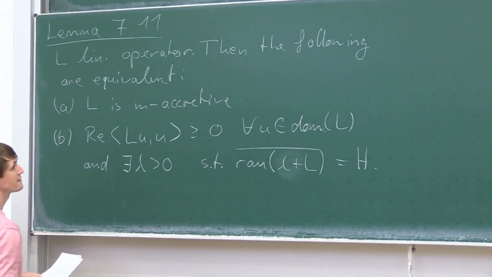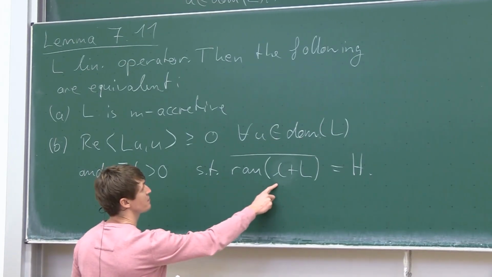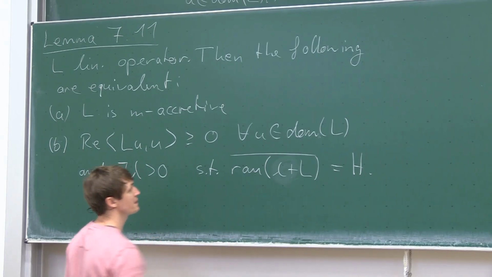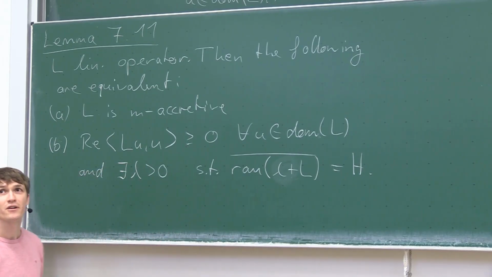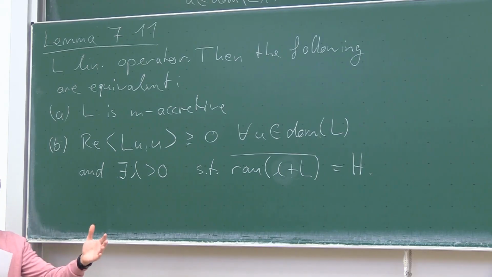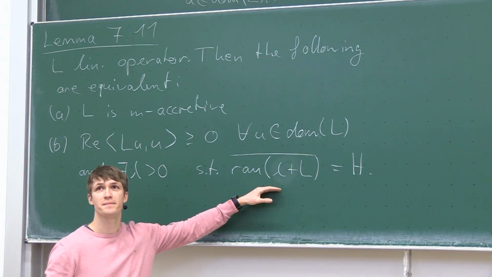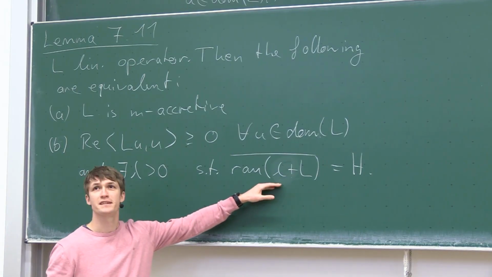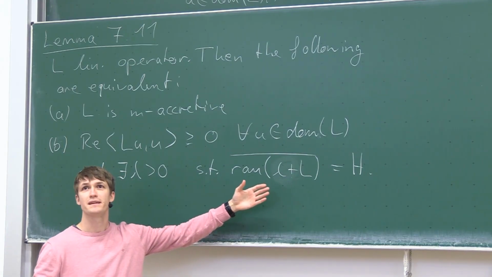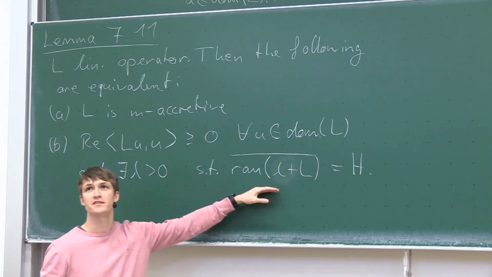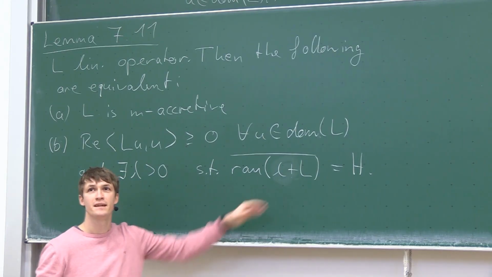All right, and this range condition in the second part of the lemma is essentially void if L is a bounded m-accretive operator, because if the operator is bounded, then we have only a compact spectrum, and this means that if we take lambda large enough, we end up in the resolvent set, and then this range condition is automatically fulfilled.